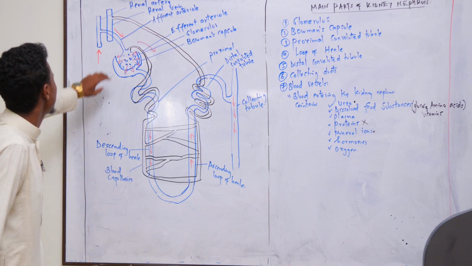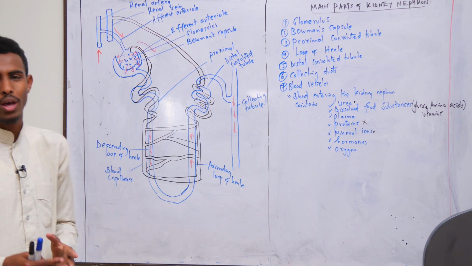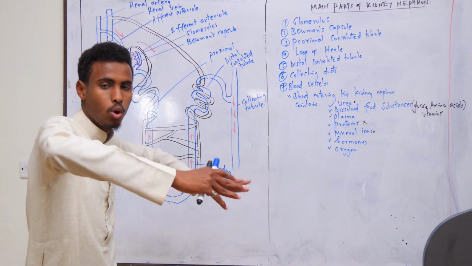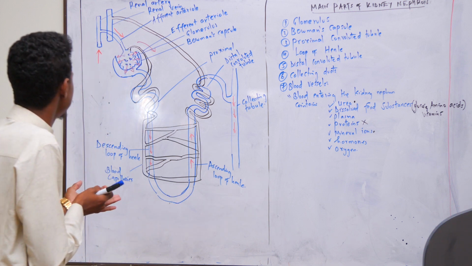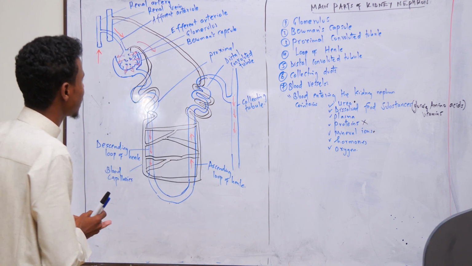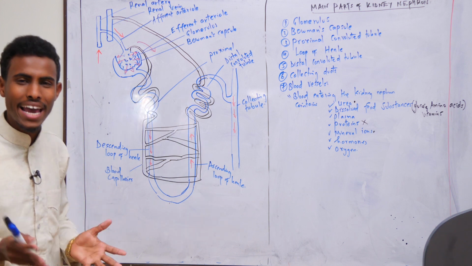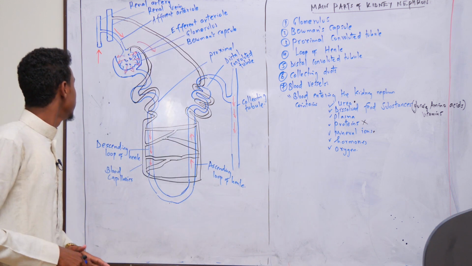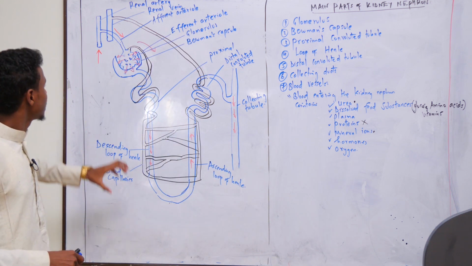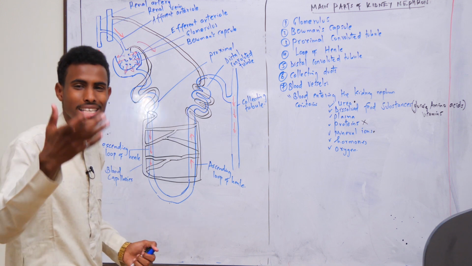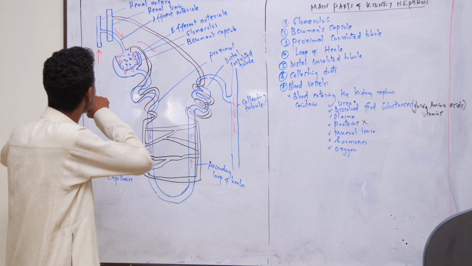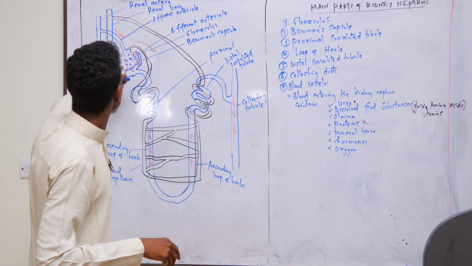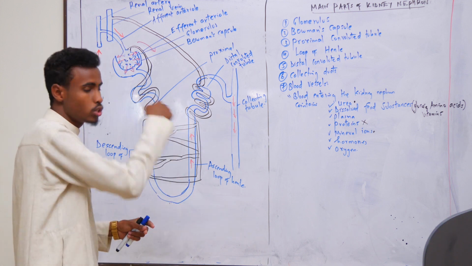Very good. Once blood reaches the glomerulus, because it is the afferent arteriole that branches into the glomerulus, what happens in the glomerulus? What happens is called ultrafiltration. What is ultrafiltration? It is the process where substances of low molecular sizes pass from the blood capillaries into the glomerulus.